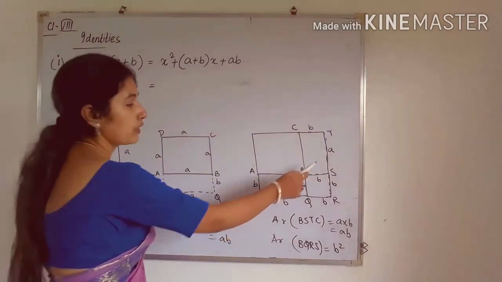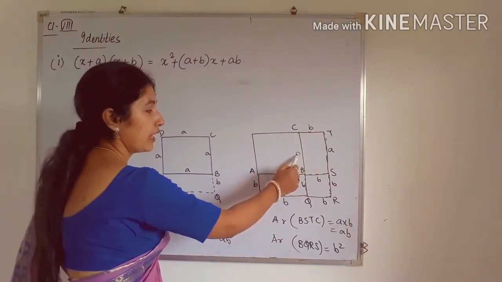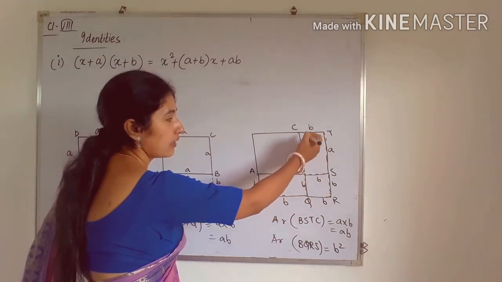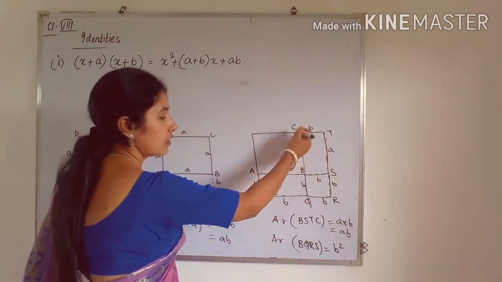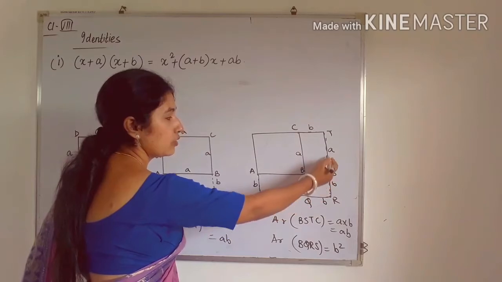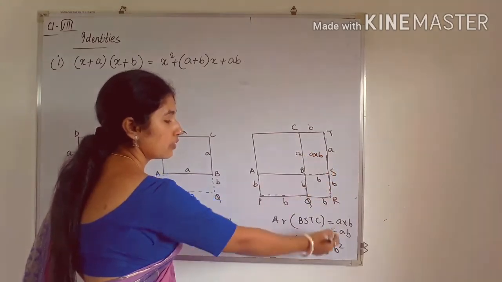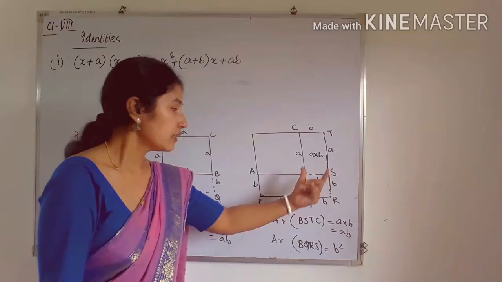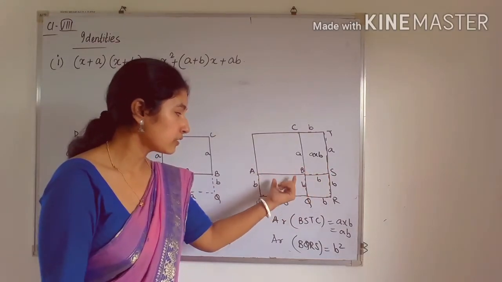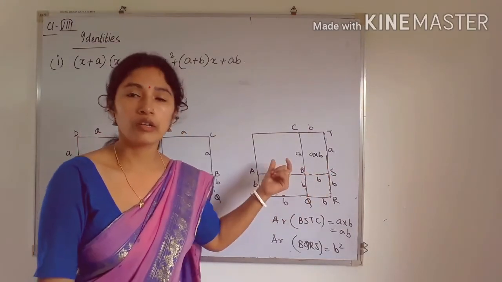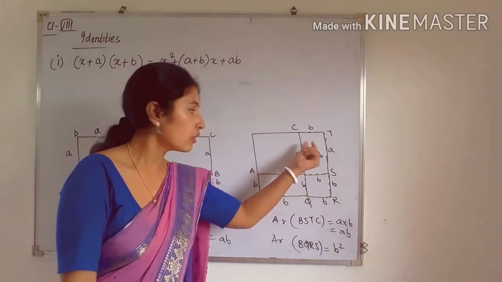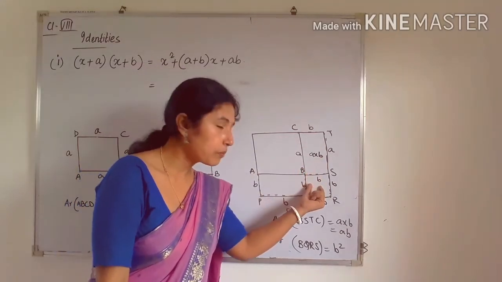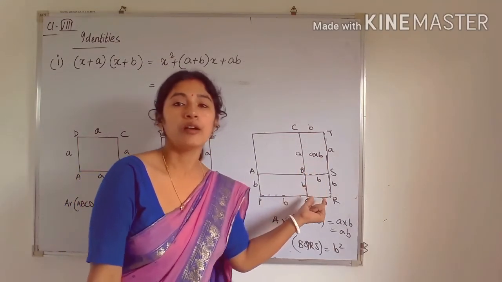So see here, what is the length? Length was the same, A, but breadth is B. So what will be the area of this rectangle BSTC? Yes, A into B, that we can write as AB. And similarly, if we extend, or you can say draw, two rectangles on the adjacent sides of the square, then this smaller part will become a square.